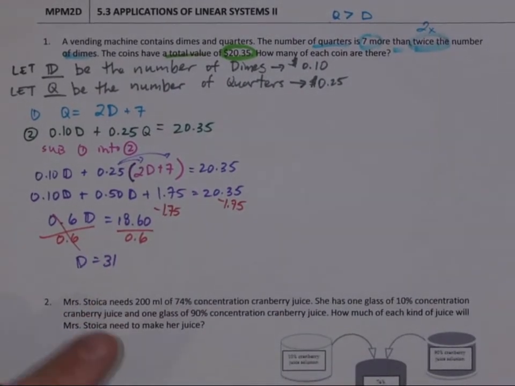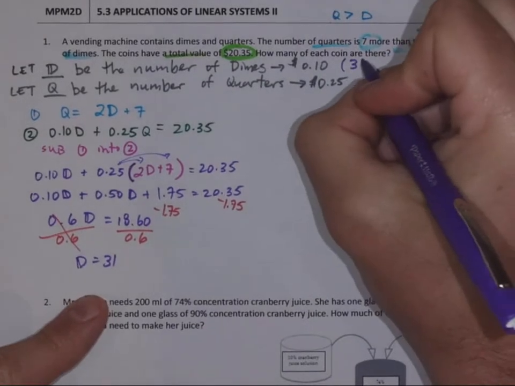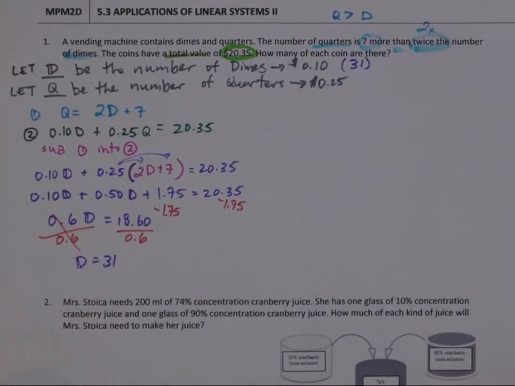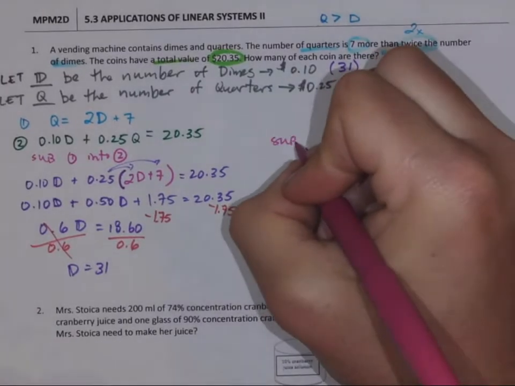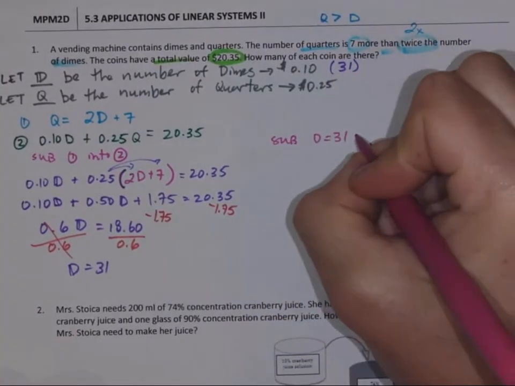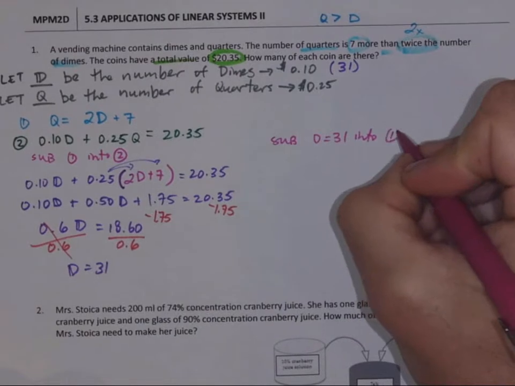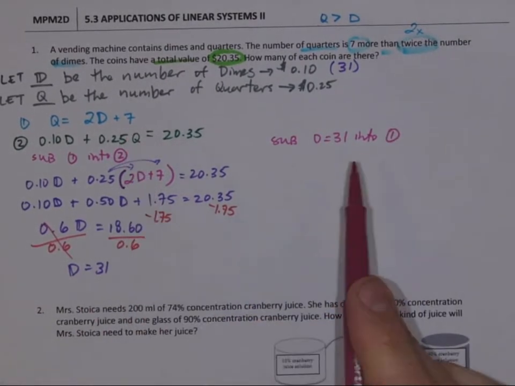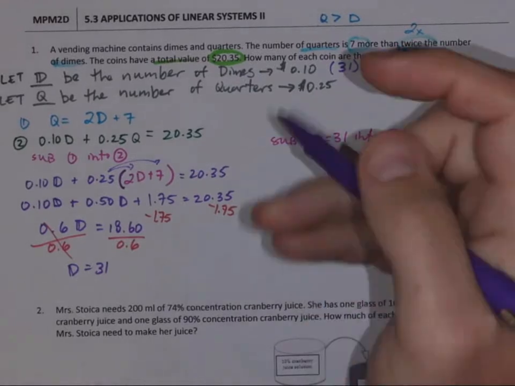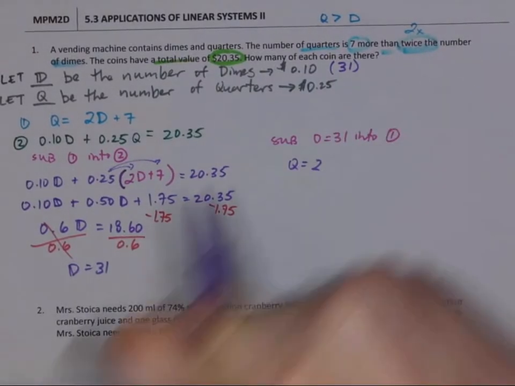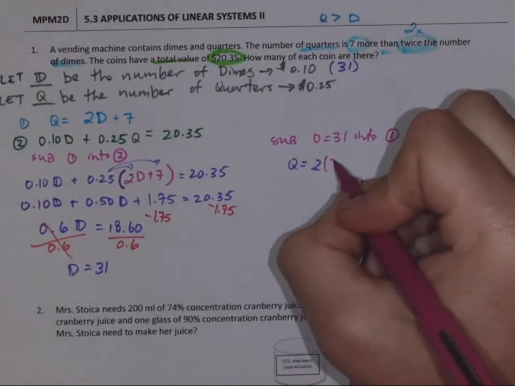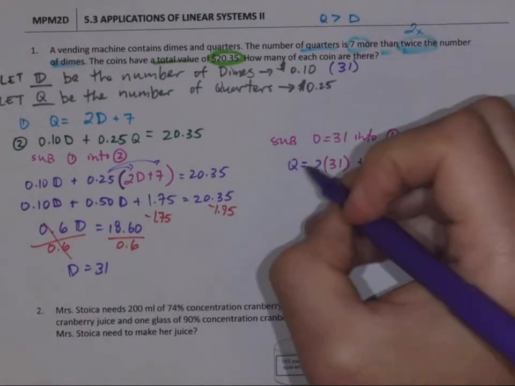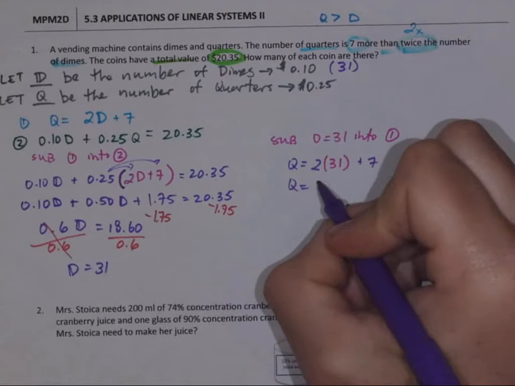And now we know that there's actually 31 dimes. We take what we found, substitute it back into one of the original equations, and show our load bearing steps.